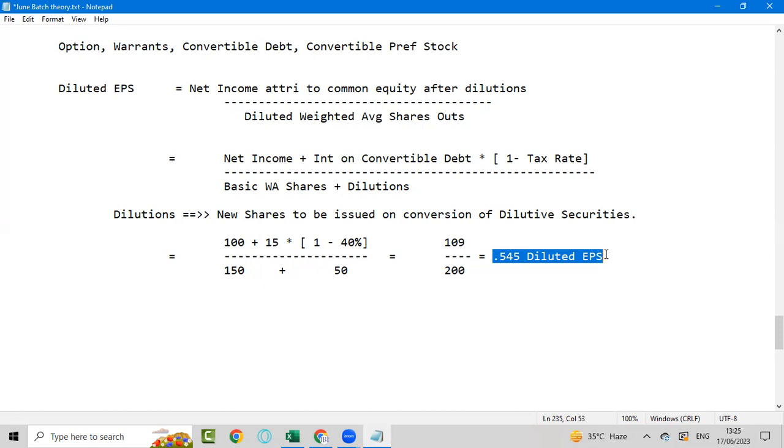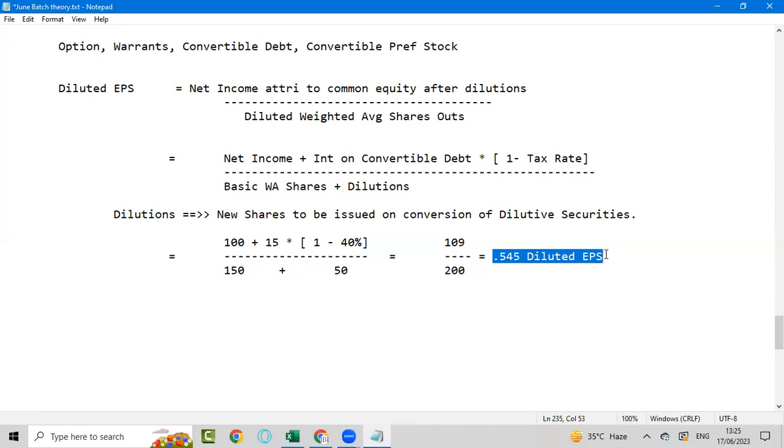Now let me talk in English. What I wanted to tell: yes, I wanted to say the diluted securities have actually not converted. We are just assuming if they are converted, then what will be our earning per share?